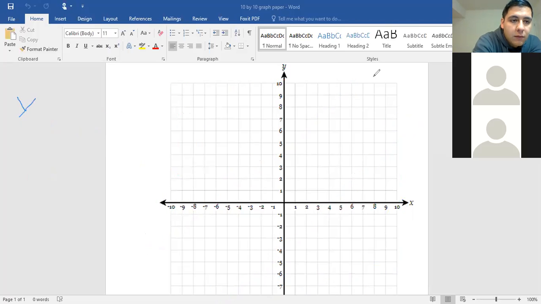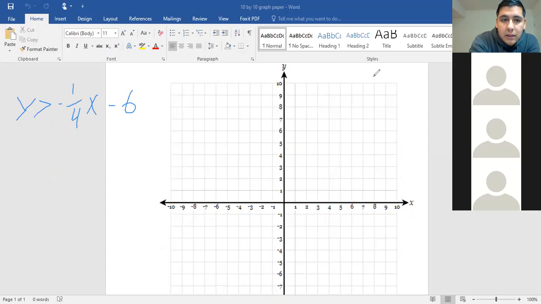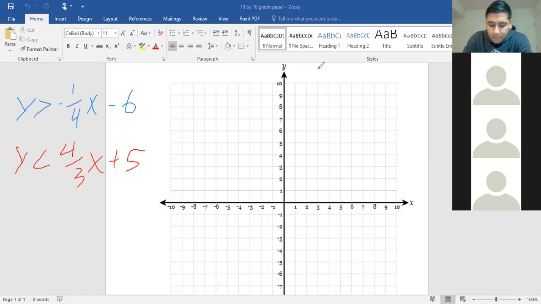So now let's say I have y is greater than negative 1/4 x minus 6, and then I have y is less than 4/3 x plus 5. Okay. So again, you can use graphing software like Desmos or anything.